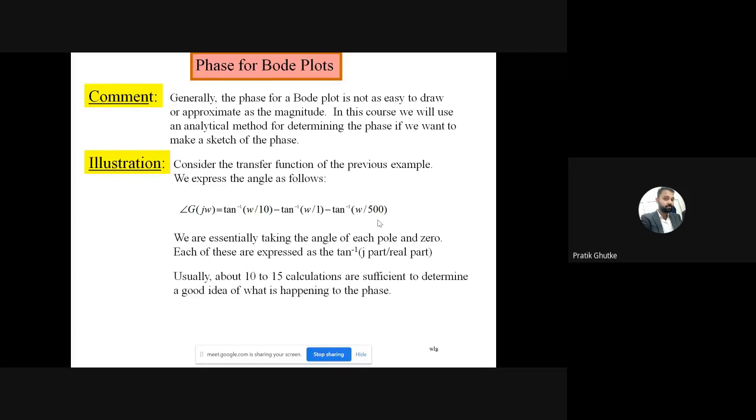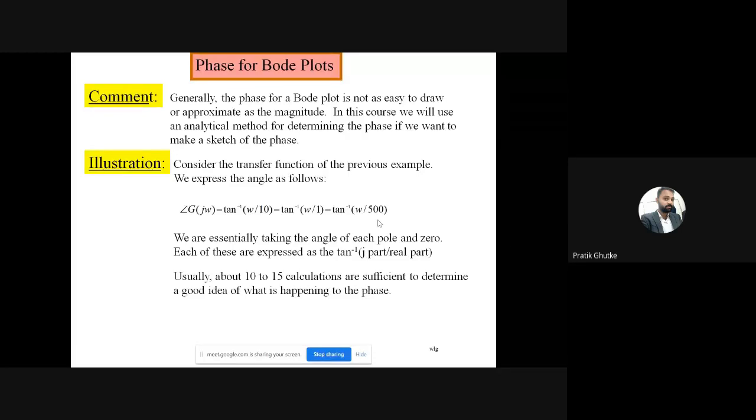We are essentially taking the angle of each pole and zero, each expressed as tan inverse of the j part divided by the real part. Are you getting it? Tan inverse of the j part divided by the real part.